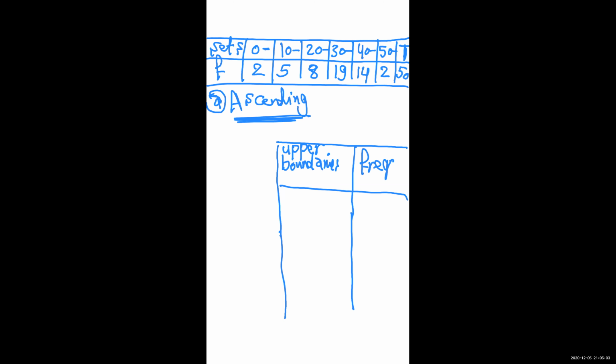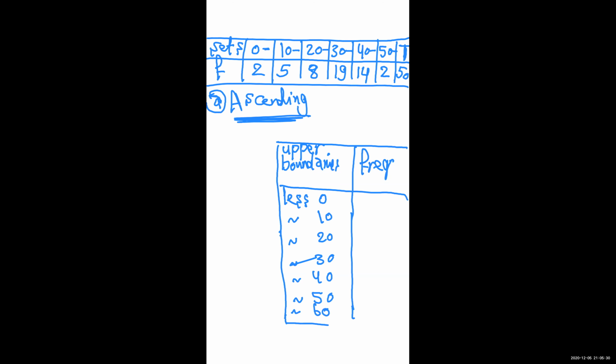We will start from 0, so less than 0, then less than 10, less than 20, less than 30, less than 40, less than 50. Then finally less than 60, the last one.